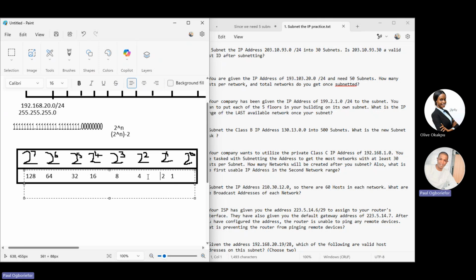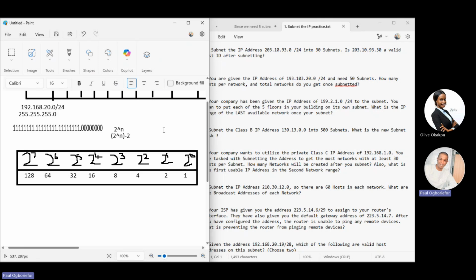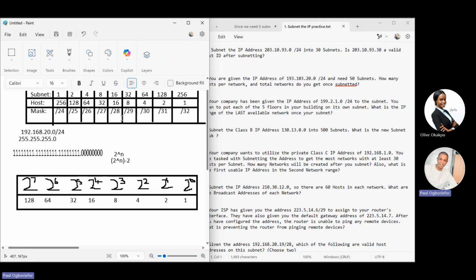And don't forget, we are dealing with binaries now. So when you have something like this, Olive, what you do is this. We want to convert that /27 just so we can have something perfect as this.